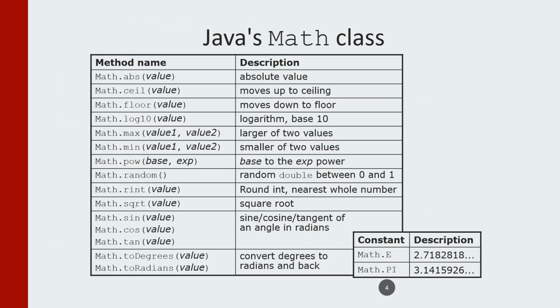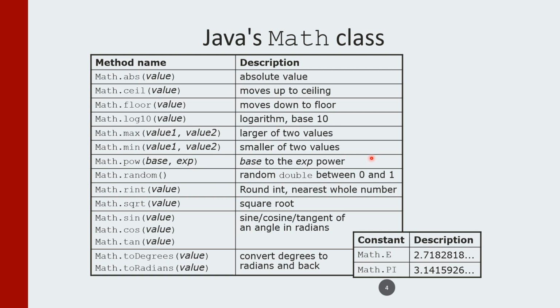I have here a slide that has a table of Java's math class. So you may use this slide as a reference, but it has the method names and then a description of what they do. For example, Math.pow, which we have seen already, takes inside its parentheses a base and an exponent, and it takes base to the exponent power.